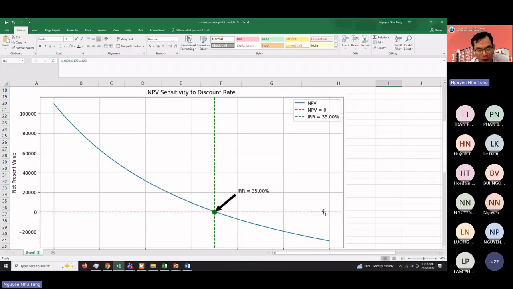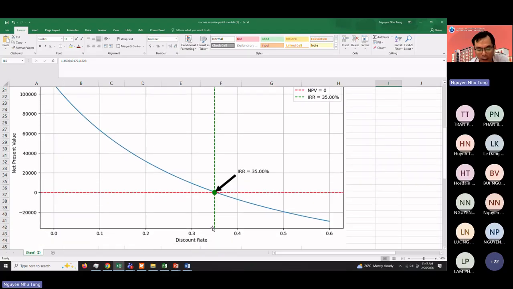I show you the NPV curve here. You calculate the IRR when the NPV, net present value, on the vertical axis is 0. You can see the curve cuts the 0 line at 35%. The horizontal axis is the discount rate, so at a discount rate of 35% or 0.35, the NPV is 0.